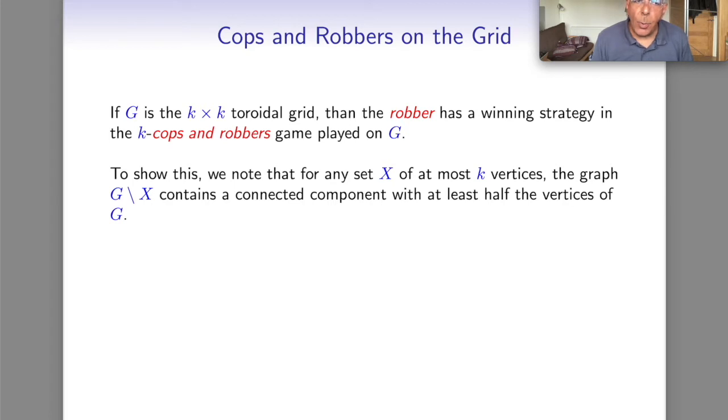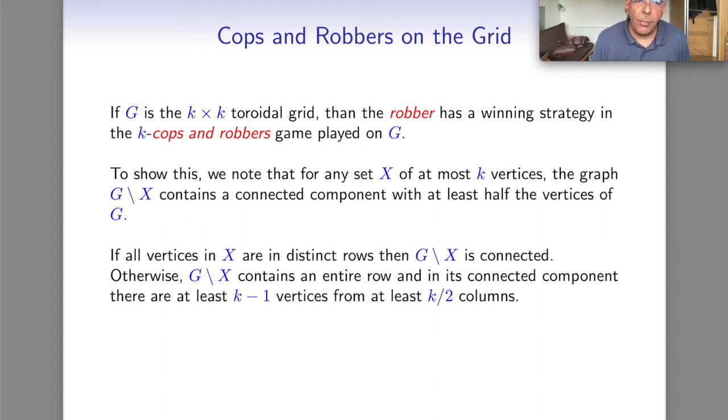Now, the rest of the graph, apart from these k vertices, must contain a connected component with at least half the vertices of G. Why is this true? Well, first of all, consider the situation where all vertices in X are in distinct rows. A small correction. This should say, if all vertices in X are in distinct rows and distinct columns, then the graph is still connected.